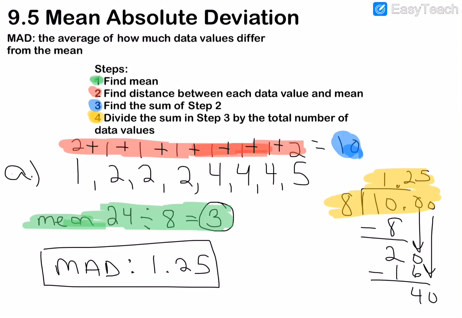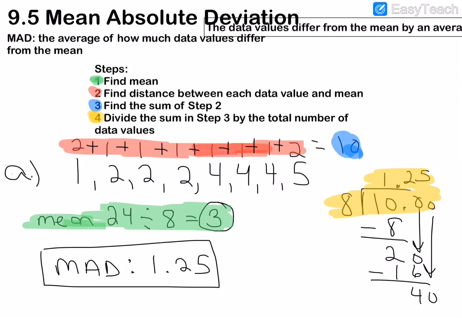And this means that the data values differ from the mean by an average of 1.25. And I'm going to go ahead and add that here so you can write that down. The data values differ from the mean by an average of 1.25.